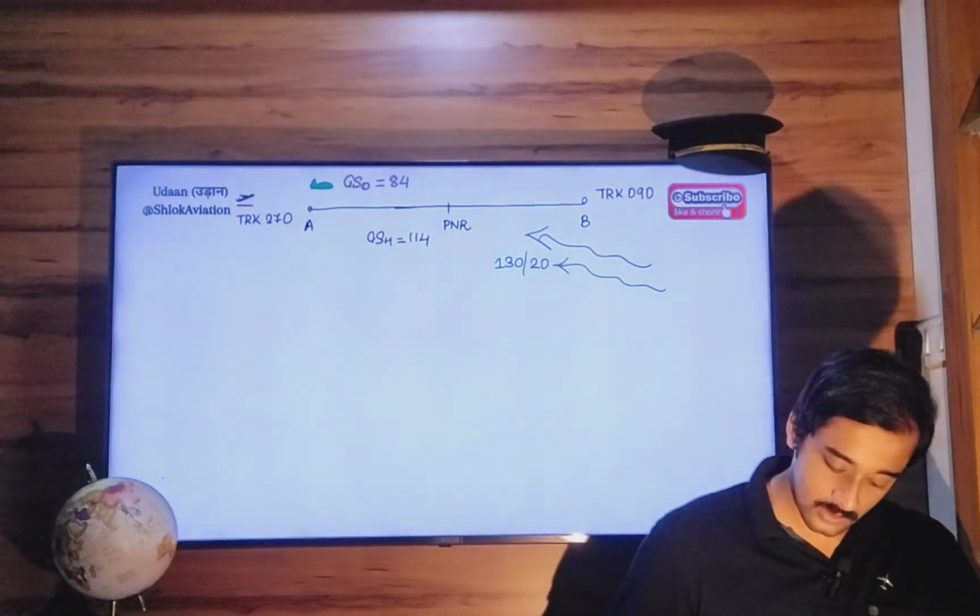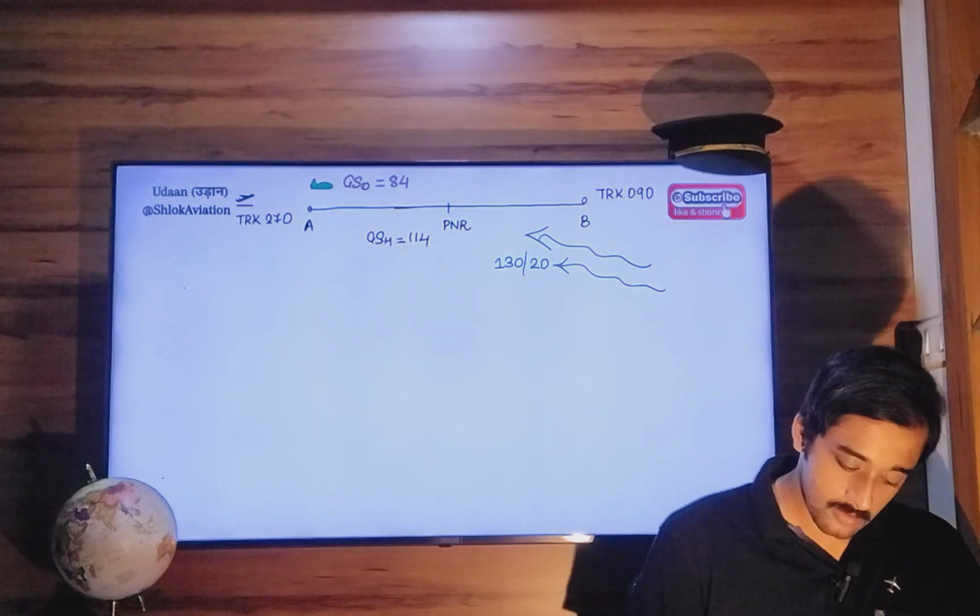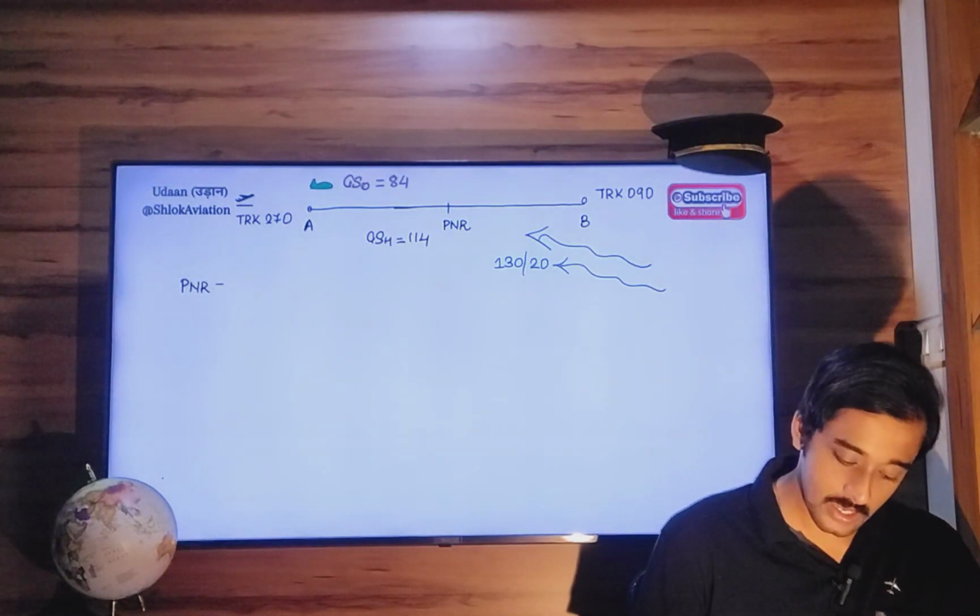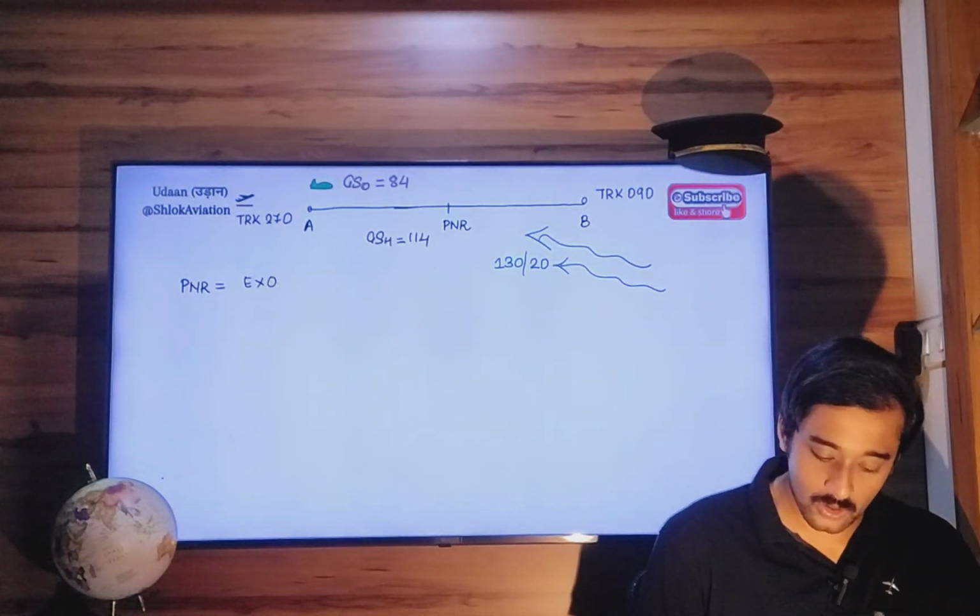Now use the formula. PNR distance will be endurance into outbound into homebound, divided by outbound plus homebound.